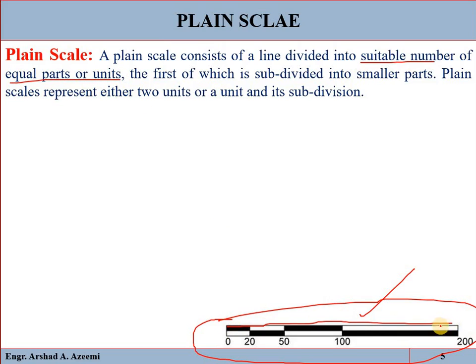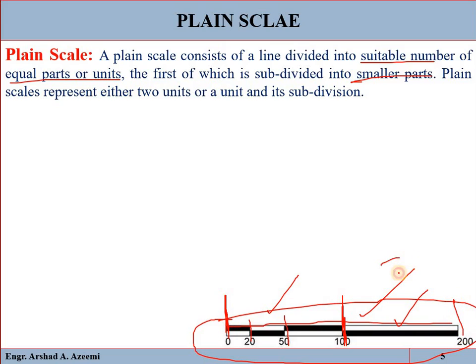Now we have this line, and it is divided majorly into two parts. One part is this one, and the second part is this one. Again the first part is divided into sub parts, or smaller parts. Here you can see that this first part is divided into two parts, and then divided again into almost two parts.